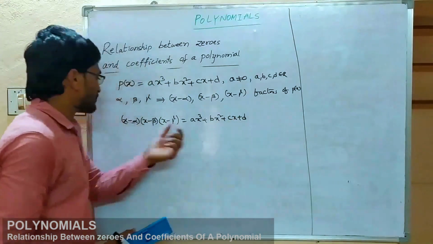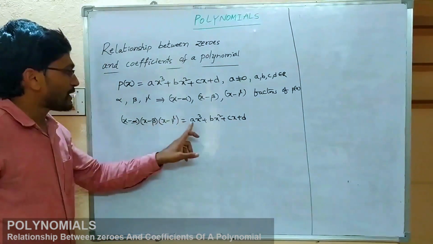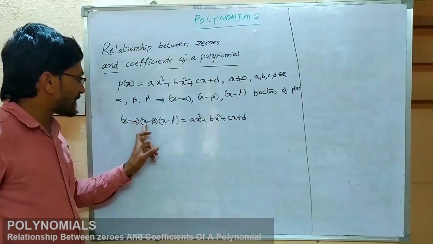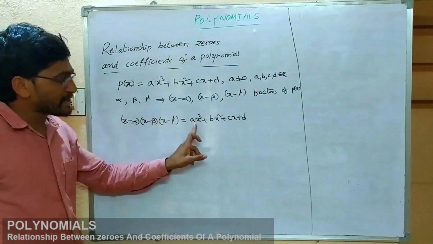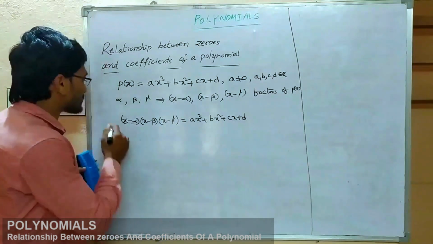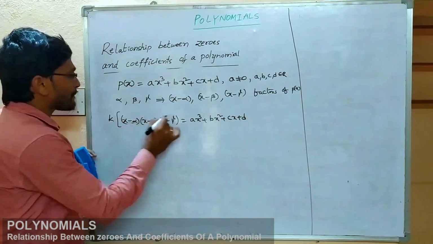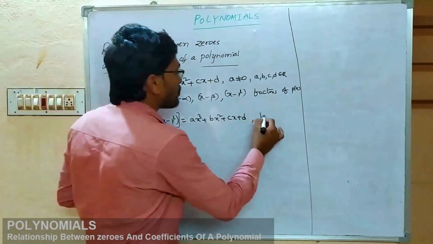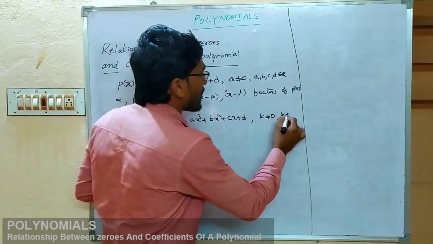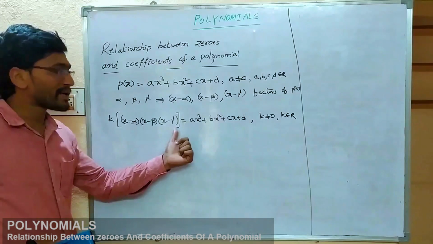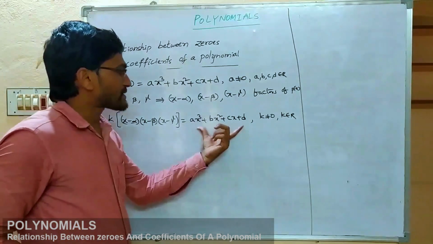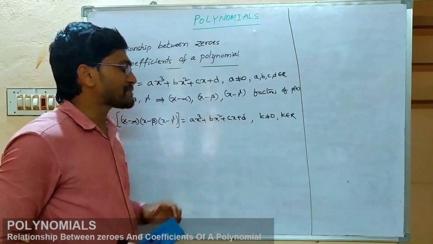Here, same as a quadratic polynomial, the x cube coefficient is a, but in the product the x cube coefficient is 1. But a is not always 1, so we have to consider one real number, that is k, and k is not equal to 0. K belongs to real numbers. So k into x minus alpha into x minus beta into x minus gamma is equal to ax cube plus bx square plus cx plus d.